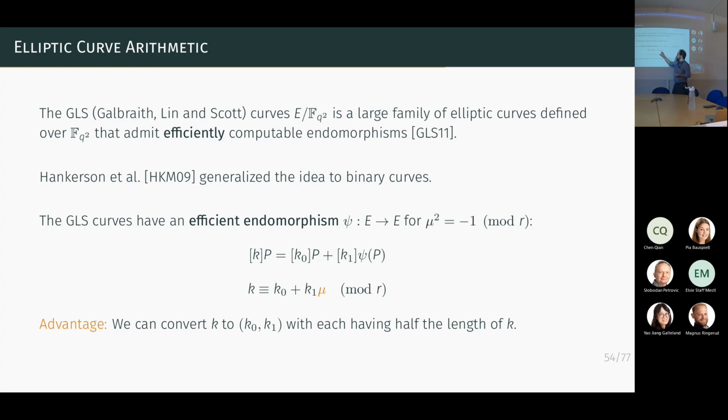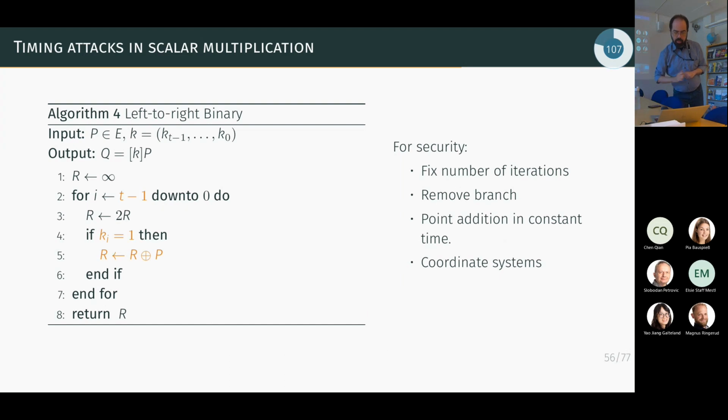Then instead of a full large scalar multiplication, you have 2 smaller ones, because these 2 integers are half the size of k, assuming also that this map is efficient to apply. Of course, psi shouldn't be as expensive as the scalar multiplication, otherwise what's the point? Then you can run these 2 scalar multiplications together. We call it interleaving, and you save all the point doublings. It's the same idea as multi-exponentiation, which you have seen before, where you share the squarings. And I'll have a slide showing this, probably the next slide.